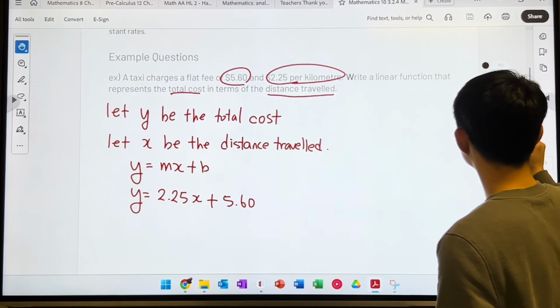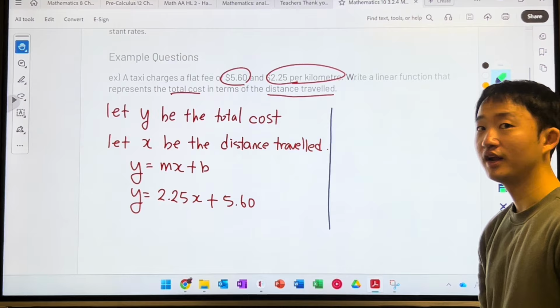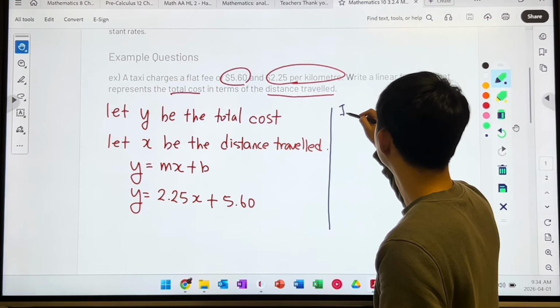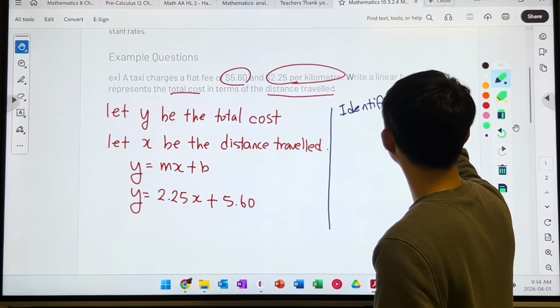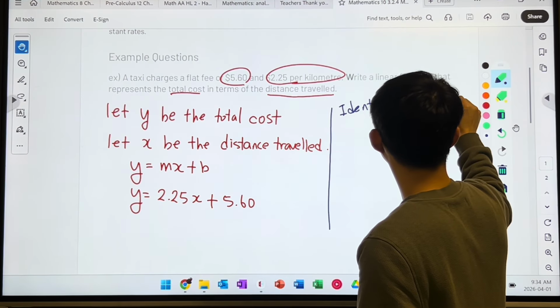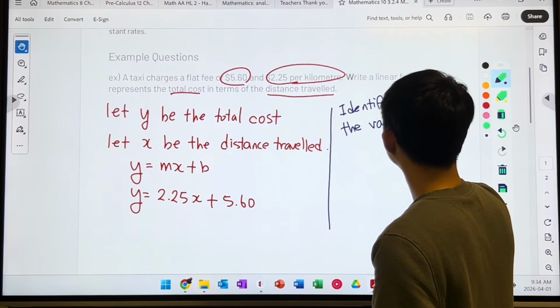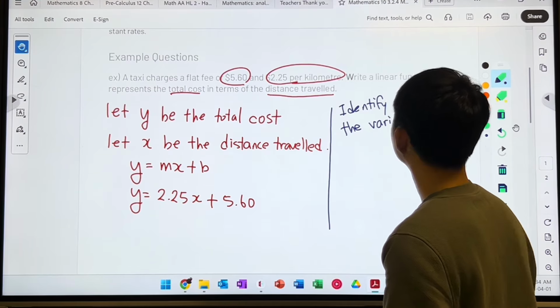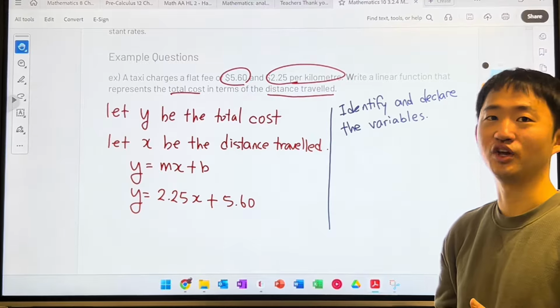Let's annotate the process now. The first thing that I did was identify and declare the variables. In a linear function, there will be two variables, the two things that are changing.